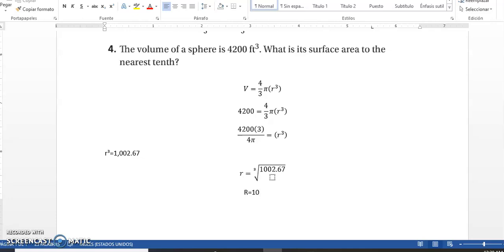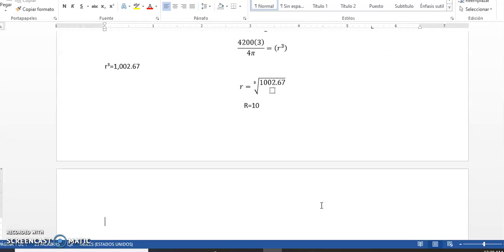Now with this number, we only have to use the surface area formula, that is 4 times pi times the radius squared. With the radius of 10, I will make a substitution in the formula of the surface area. This is the radius that we found, 10 to the second power is 100, and then we multiply, and this is the final answer, only finding that radius.